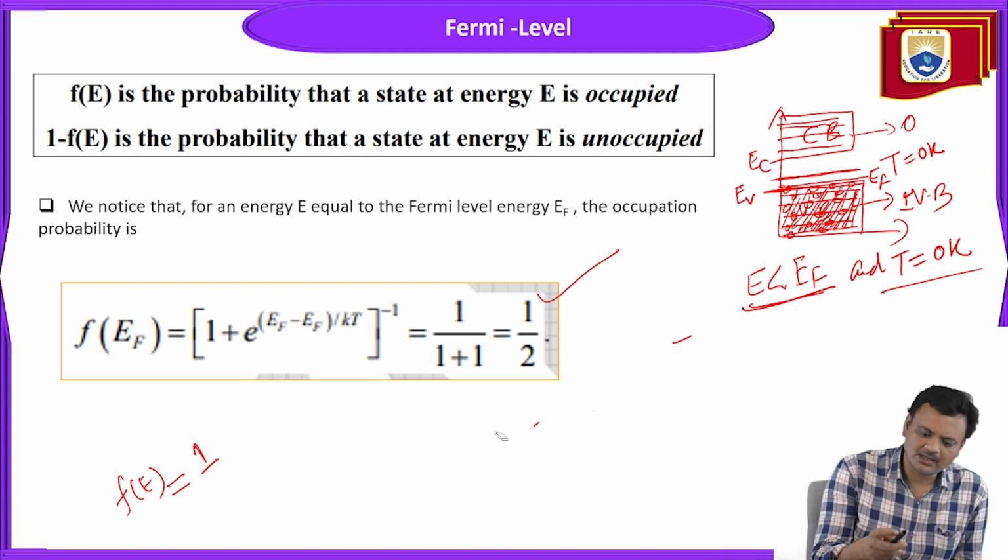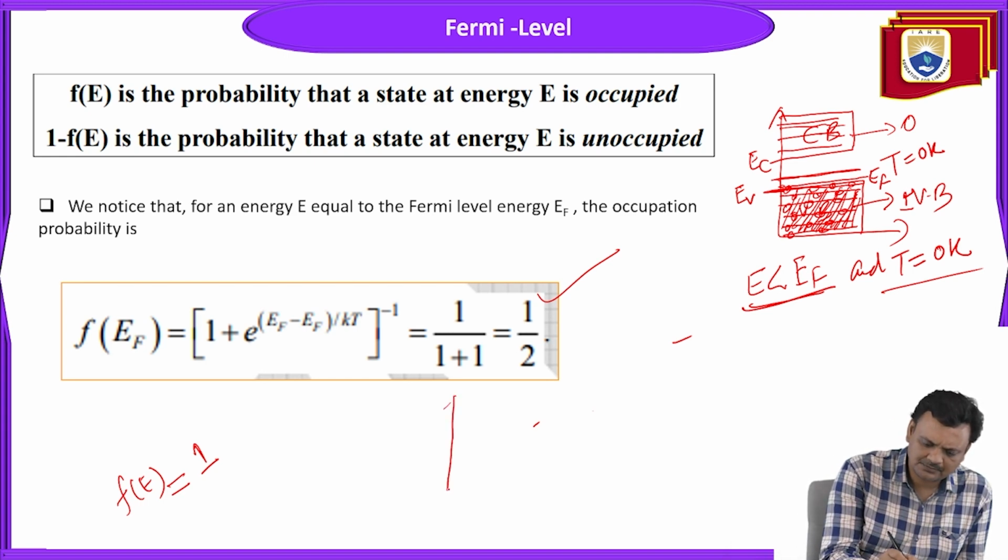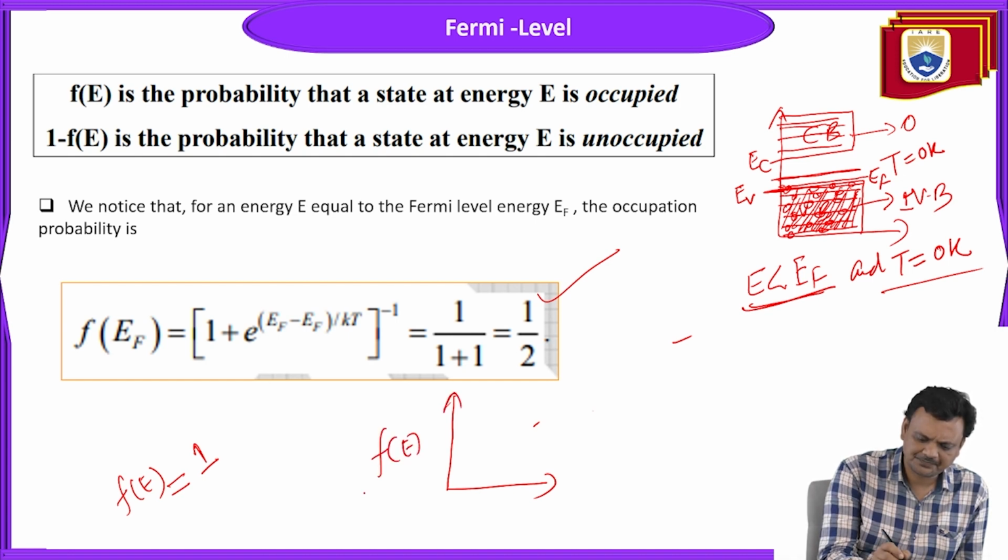So there are two graphs, F of E for certain energy E less than EF. For this region, F of E is 1 at T equal to 0 Kelvin.